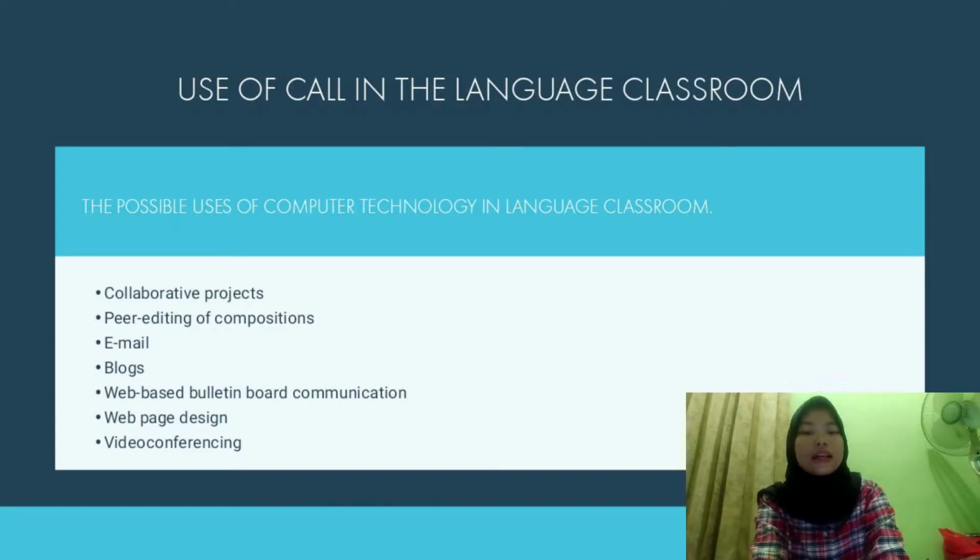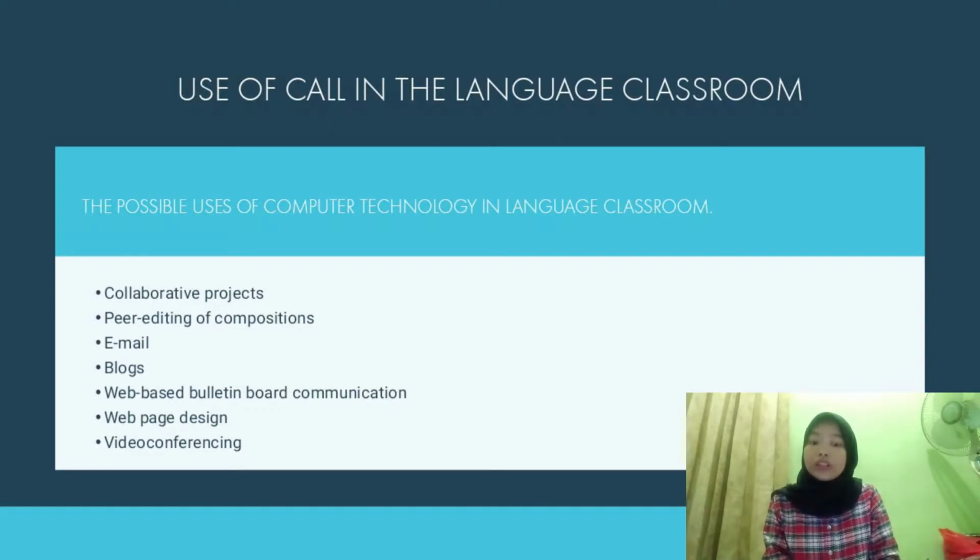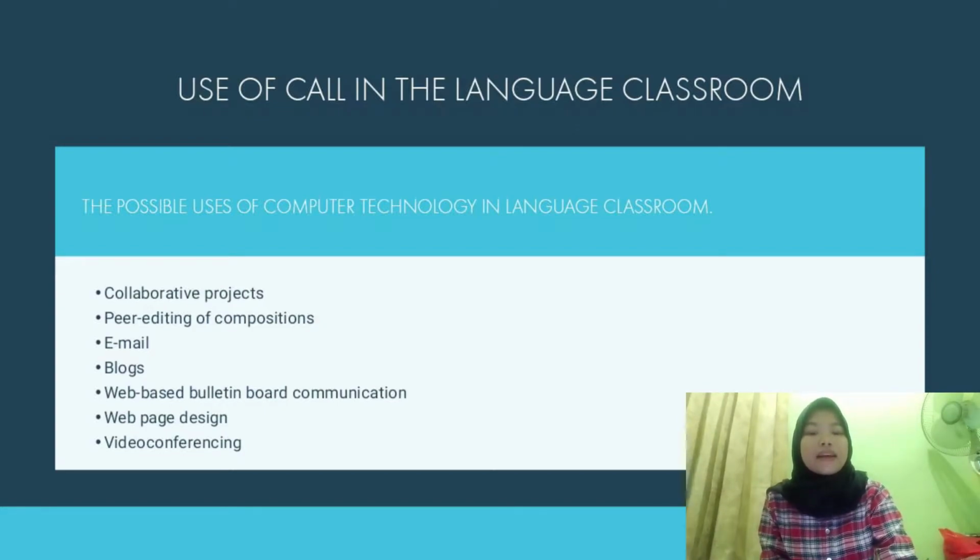The sixth is web page design. So in this process, students not only become acquainted with computer technology in general, but also utilize English in doing research on a topic, composing and designing, and collaborating with other students. And the seventh is video conferencing.